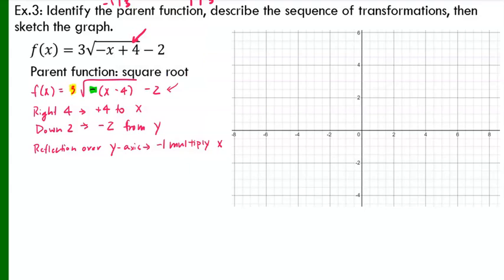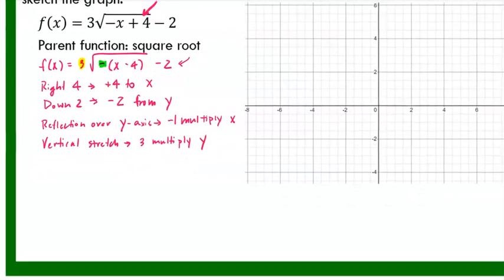That 3 tells us that it is a vertical stretch. Mathematically, that tells us that we have to take the y values and multiply them by 3.